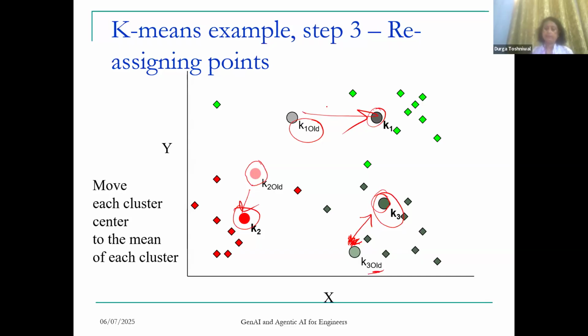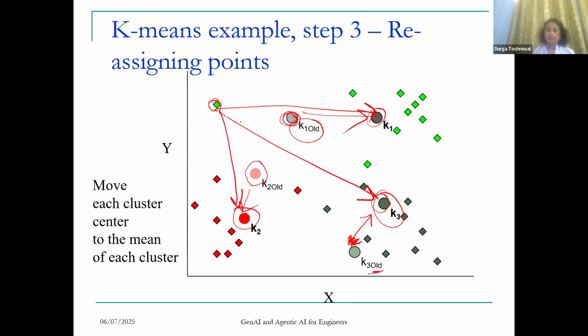We'll once again find the distance of each and every point with respect to each and every new cluster center. Say, for example, we'll find the distance of this point with this new cluster center, this point with this cluster center, and this point with this cluster center. You can see here, previously the cluster center was here and therefore this point was closest to this cluster center.